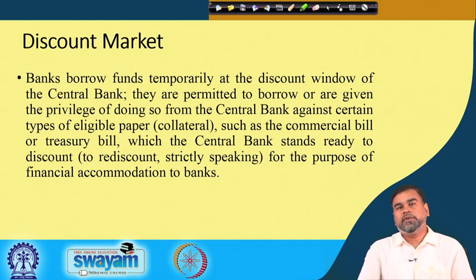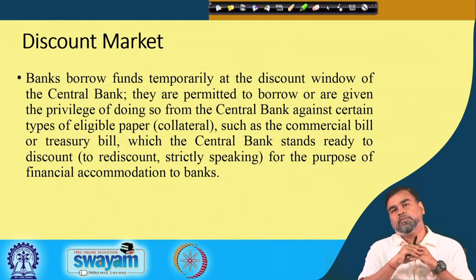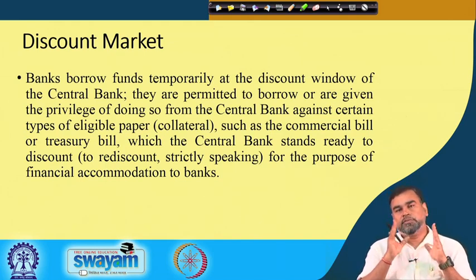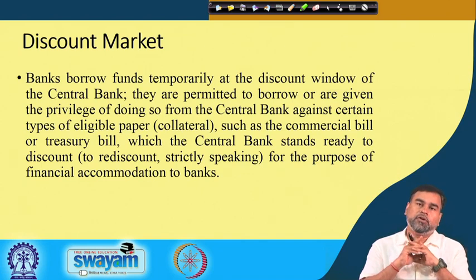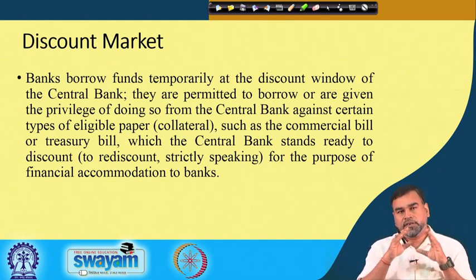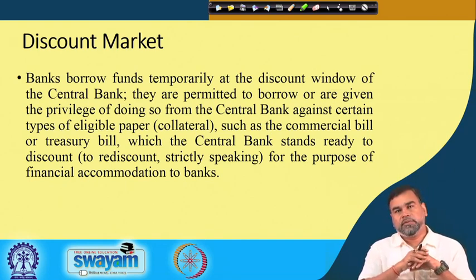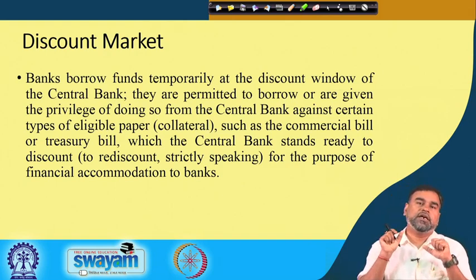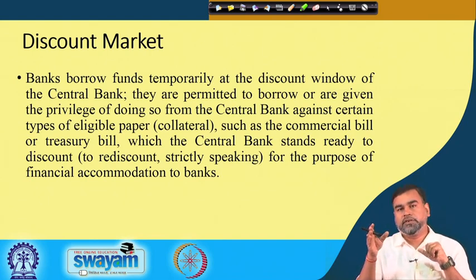It has its own relevance and significance, because every time commercial banks borrow from the central bank, it provides the loan against certain collaterals, which are nothing but government securities, and these are discounted or rediscounted by the RBI to provide the loan to the commercial bank. These are the kinds of transactions we see in the discount market.